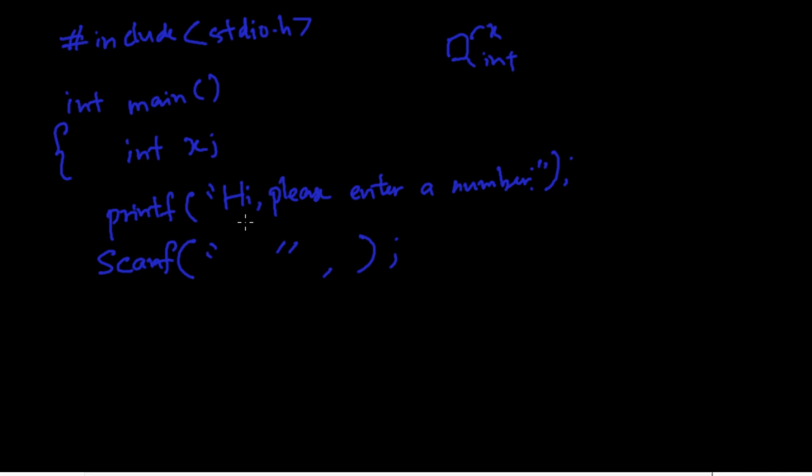Okay, look, what are we taking in? We expect the user to enter a decimal, right? So we put this %d for decimal, and then where do we put it? We put it into x.